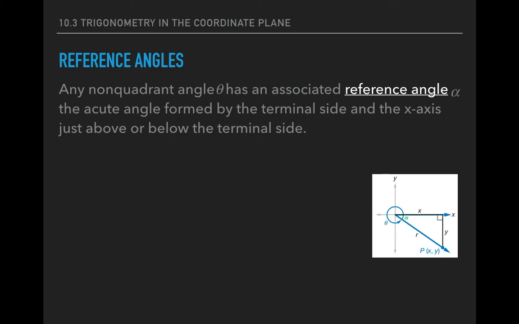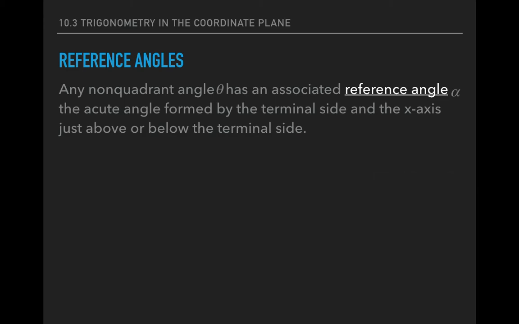Now I want you to make very, very certain that you are measuring from the terminal side to the x-axis. Not the y-axis, the x-axis, which would be just above or below. You're not measuring to the y-axis, just to the x-axis.